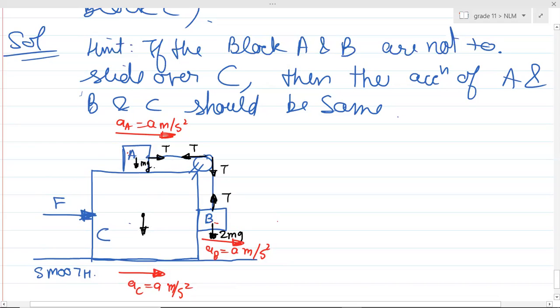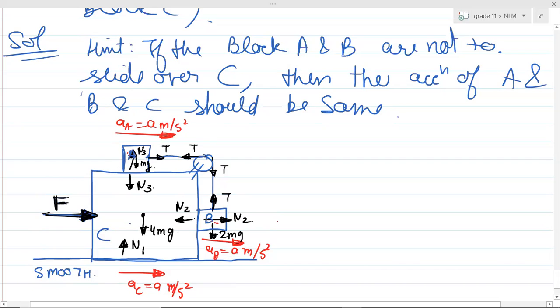There will be 4mg over here. A normal reaction from the ground, let's name it N1. This force F. After that, one normal reaction from this, N2, and the same N2 will be acting on this in this direction, and one more normal reaction N3, and this N3 will be acting.